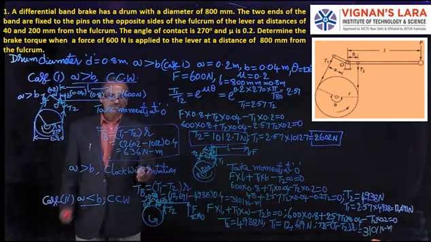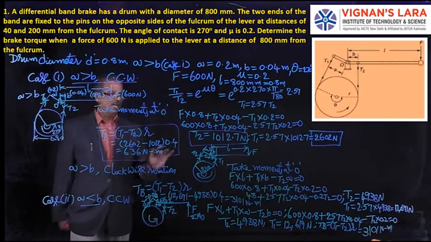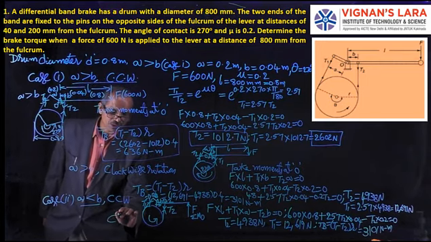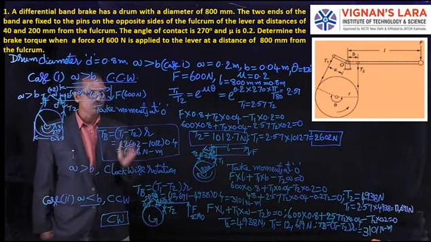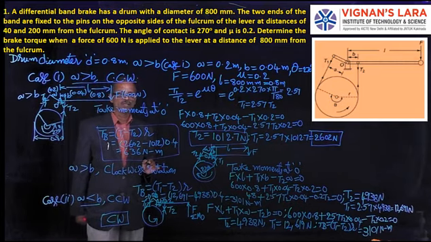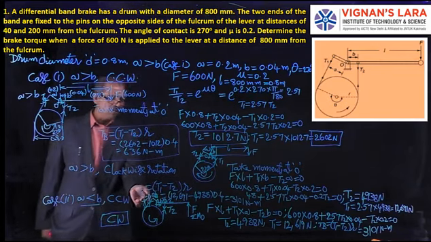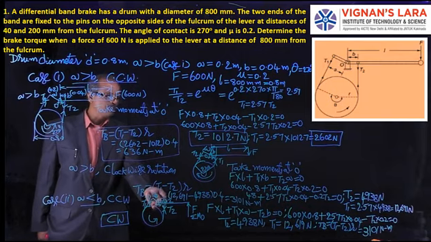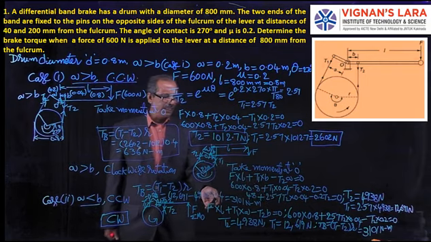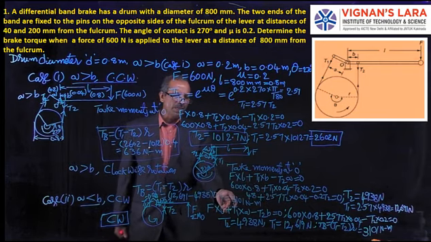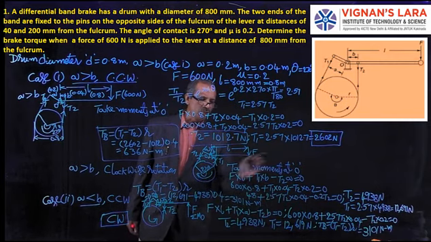And the fourth case, that is case 2, clockwise part, I am not solving, I am leaving it for you as homework, because what modification you have to make, I will tell you. When it is clockwise, automatically T1 becomes T2 and T2 becomes T1. So the equation becomes F into L plus T2 into A minus T1 into B equals 0.